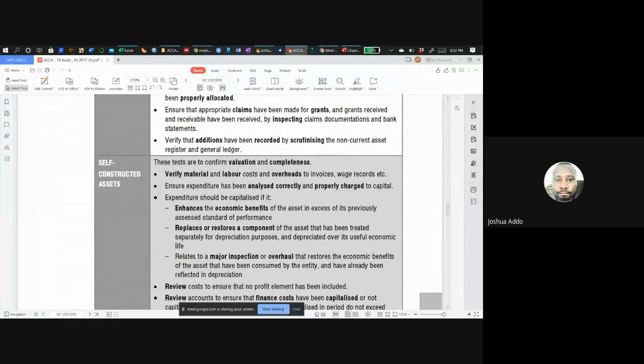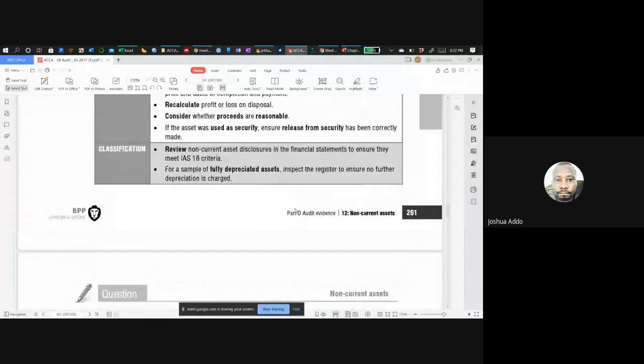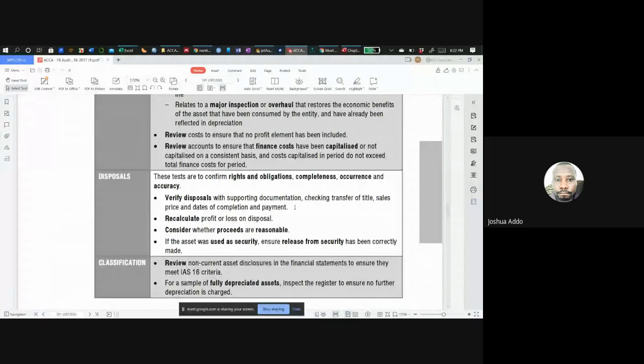If there are some broken lines, it also gives you an indication about how complete the accounts are. Valuation will also be there. Ensure expenditure has been analyzed correctly and properly charged to capital. Expenditure should be capitalized if it meets the criteria, and you know all the criteria for capitalization. If it doesn't meet the capitalization criteria, it has to be expensed in profit or loss. So that's about self-construction of assets.